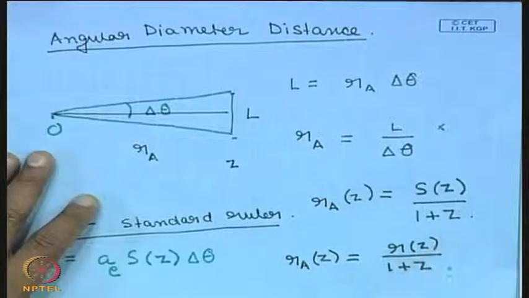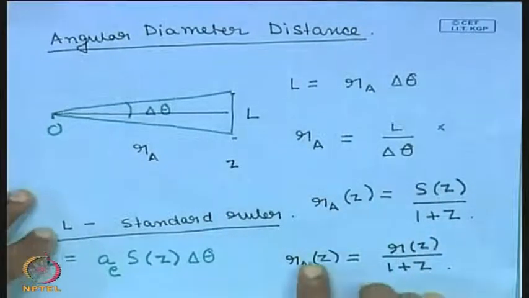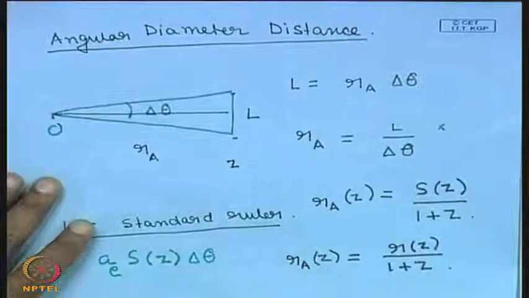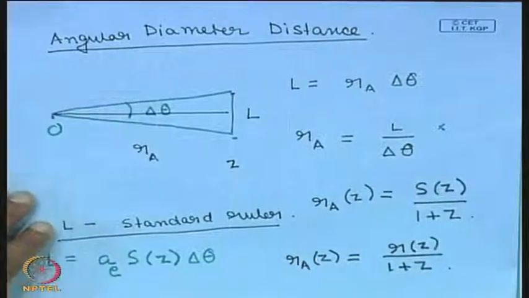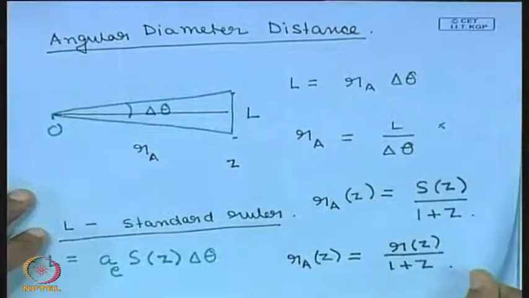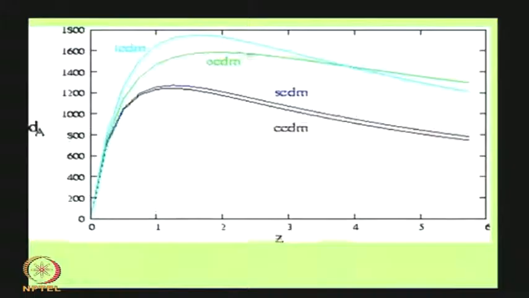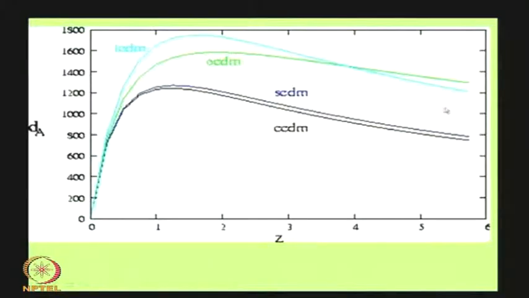Okay, this we worked out in the last class. And if it is spatially flat, then it is R by 1 plus z. So, this picture shows you the angular diameter distance, how it varies with redshift for different cosmological models.